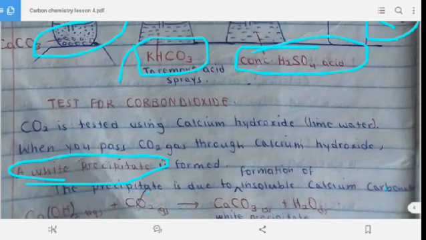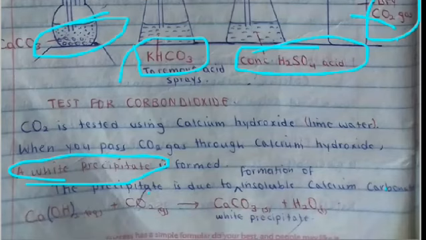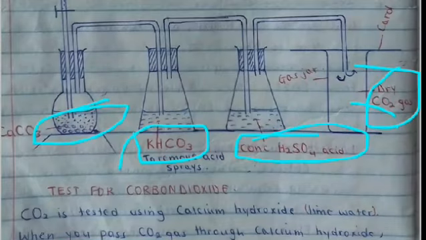Because they are reacting, it forms calcium carbonate, which is a solid, and after the calcium carbonate is formed, you also form water. This calcium carbonate is the one that we call a white precipitate. So now we have seen how carbon dioxide is tested.